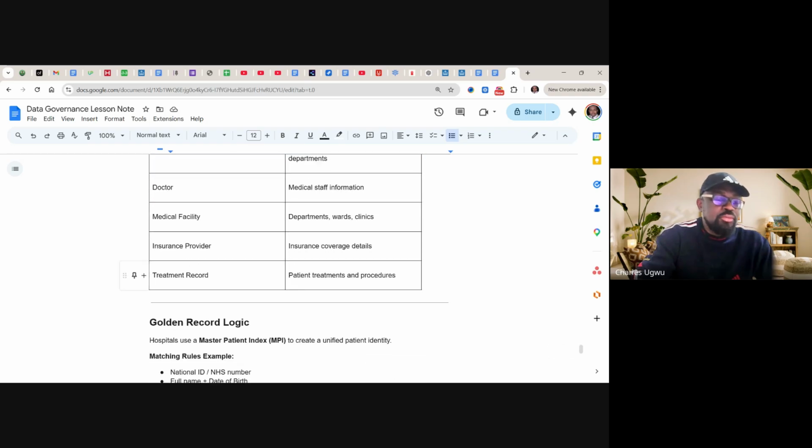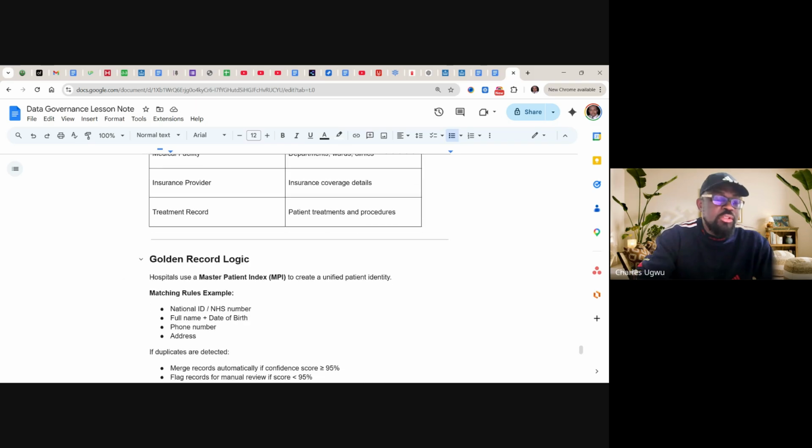Then golden rule logic. Under golden rule logic, the matching rule example: national ID, full name plus date of birth.